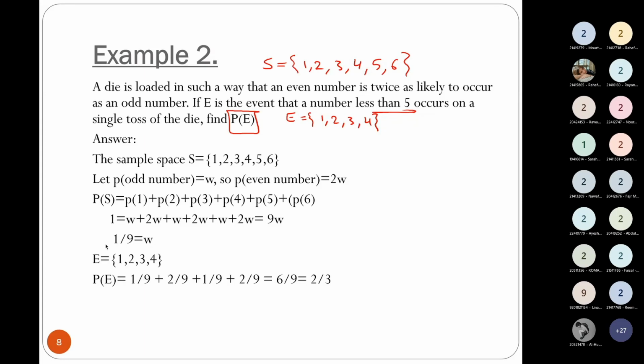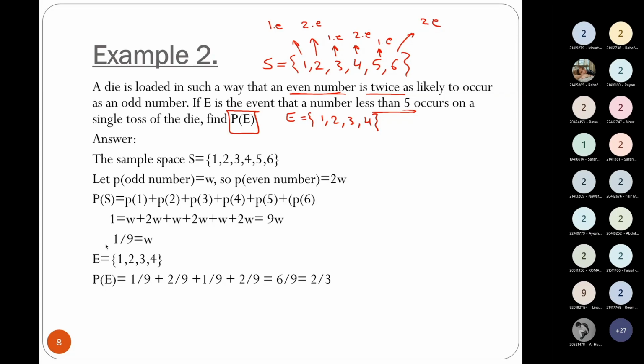For the odd numbers we have one unit each, no problem, one event. Because the even number is twice as likely, meaning double the odd number, we have 2 units for each even number. Number 1 gets 1E, number 2 gets 2E, number 3 gets 1E, number 4 gets 2E, number 5 gets 1E, number 6 gets 2E.